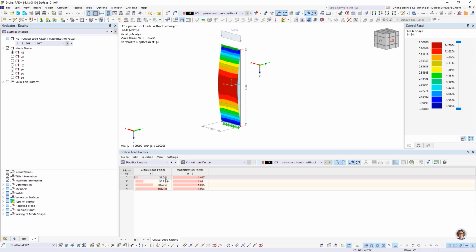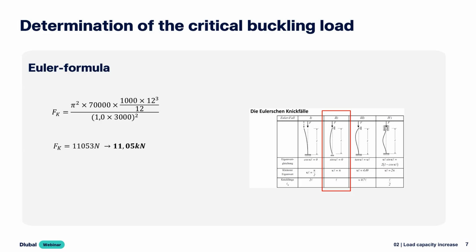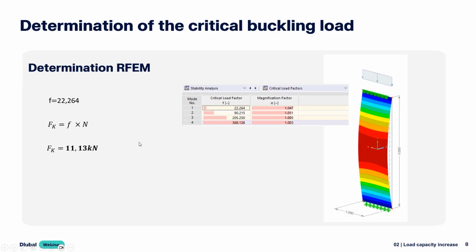With this factor, I want to switch to my PowerPoint. Manually, we computed 11.05 kilonewton. What does RFEM do? With RFEM, we computed a critical load factor of 22.264.